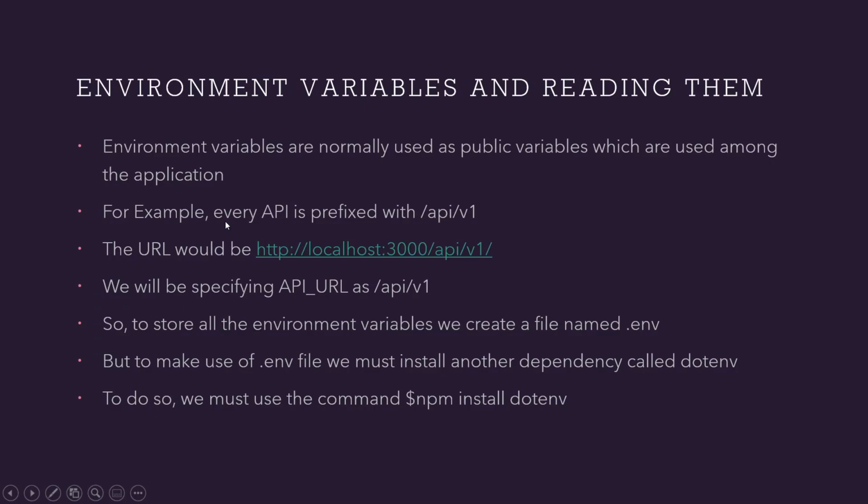Now we'll be seeing how to use environment variables. Environment variables are normally used as public variables which are used across our application. For example, as you have seen, every API will be prefixed with slash API slash v1, so our API would have a prefix of slash API slash v1 everywhere. I'll be showing an example of an environment variable.